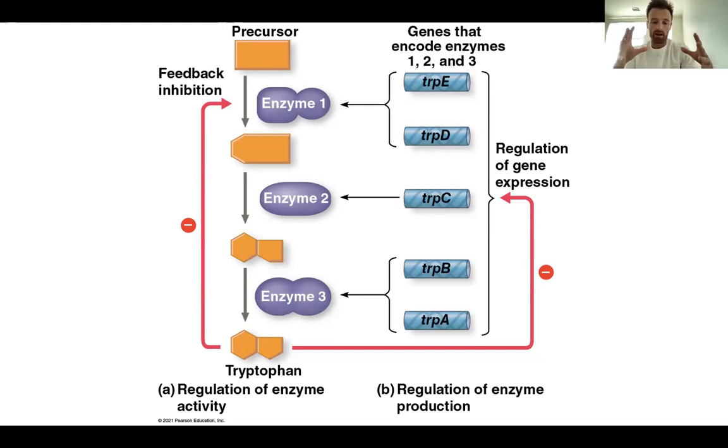The entire enzyme requires multiple polypeptides. Don't worry too much about that, but just that these genes are responsible for the production of the enzymes, and therefore tryptophan can be produced when we activate the gene expression here. And we'll talk about this negative feedback in a moment.